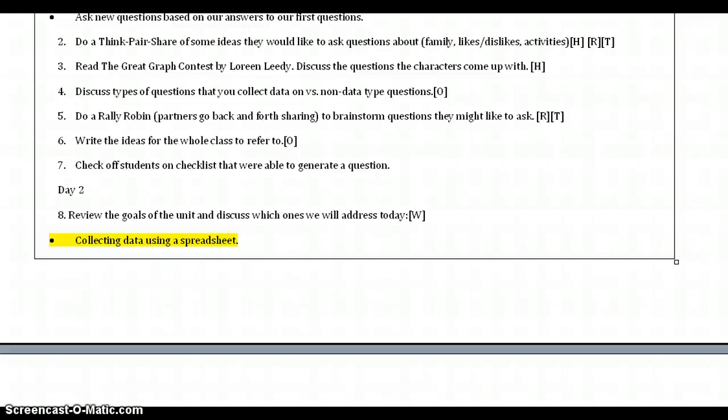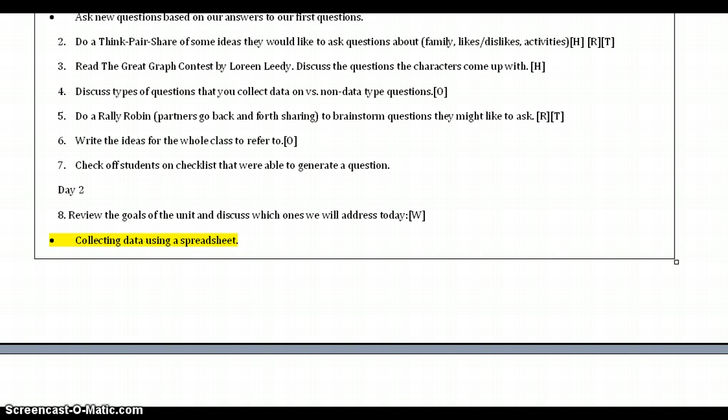And there's a number of different scenarios and types of things that they collect data on throughout the book that you can help bring up the questions that, oh, this would make a good question to collect data on. After that discussion, we'll do another think, pair, share, and students will have time to do a rally robin and brainstorm ideas of questions that they can come up with.